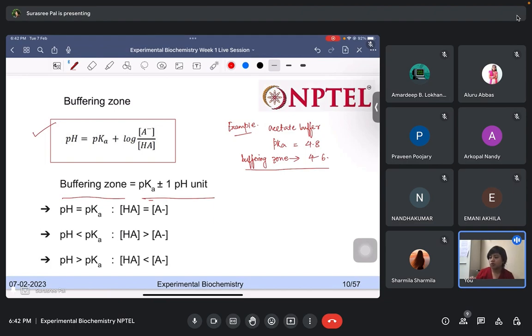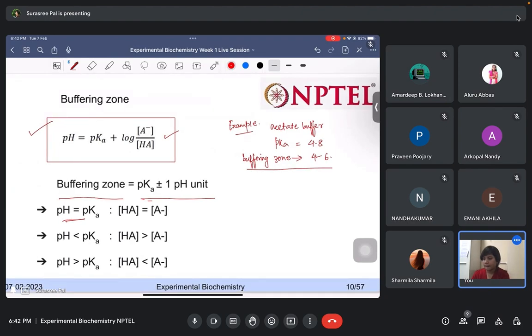We find out that when pH equals pKa, the log term will be 0. So pH minus pKa becomes 0.